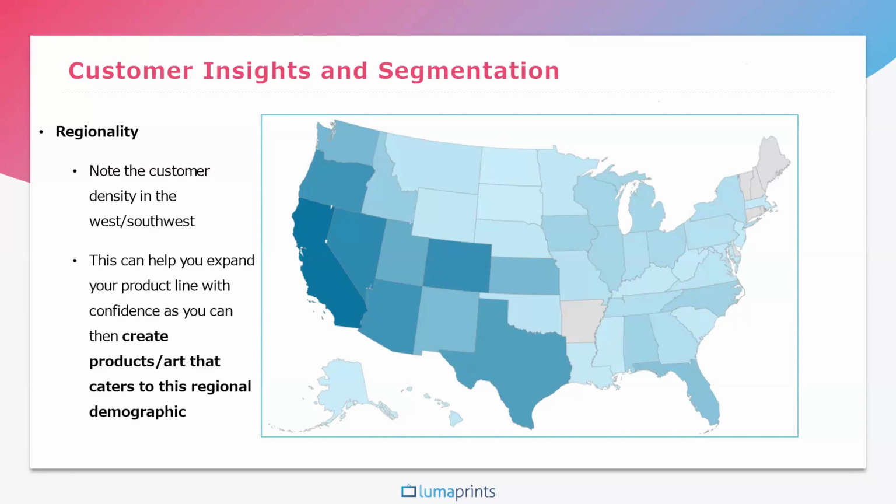Maybe the imagery that I propose is local to California or is popular amongst Californians. Then if I feel like I want to expand my product line horizontally, I could look into what imagery or what items are popular at the moment within my region, or within the region that is of high density with customers. Because the idea is that your customers are already there and they already have intent to buy, or they're more likely to buy than a possible customer that has never purchased before. So the further you cater to them, the better.